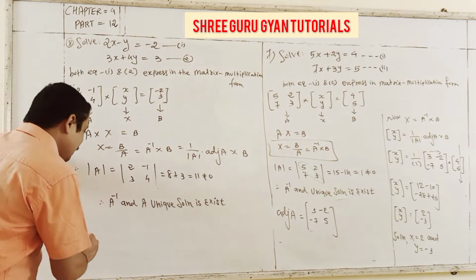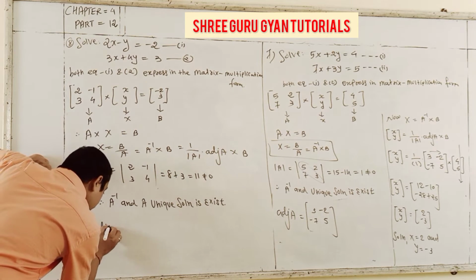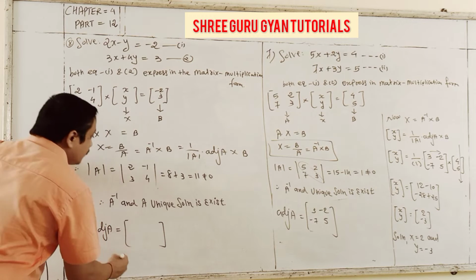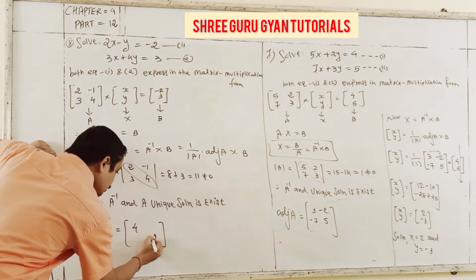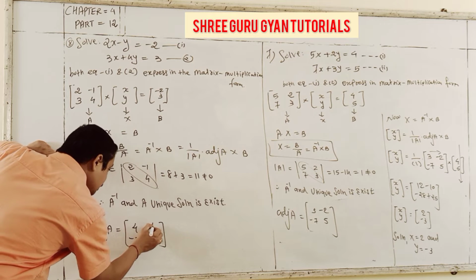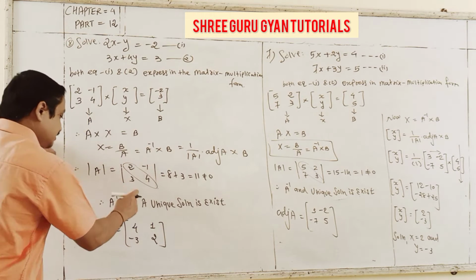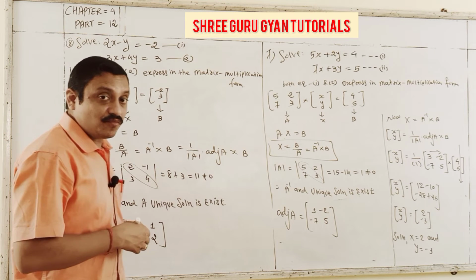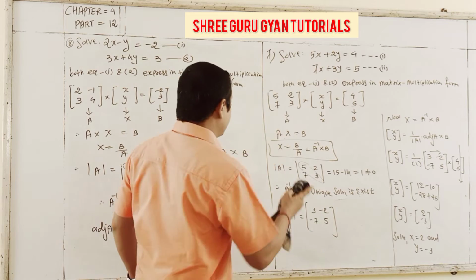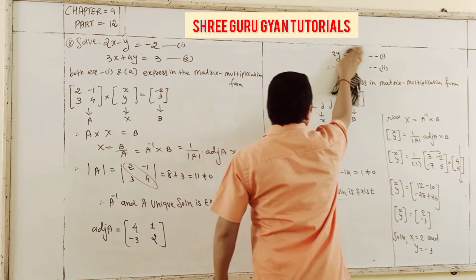Now if it exists, then define the adjoint and calculate. So students, here I go to the adjoint of A. My adjoint is ready. Principal diagonal: both are interchanged, 4, 2. Secondary diagonal: sign change, minus 3 and plus 1. Now finally I will do my answers in the solutions.